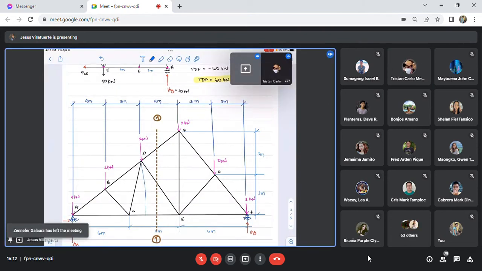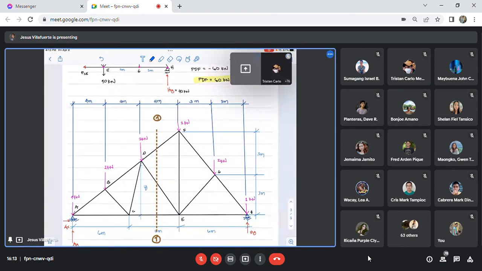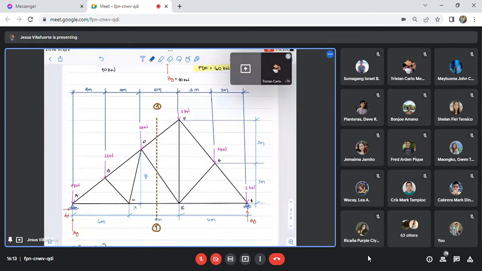So this is y. This is x. Can we do ratio and proportion for solving for y? So what is x for this one? So this is 8. Tama?